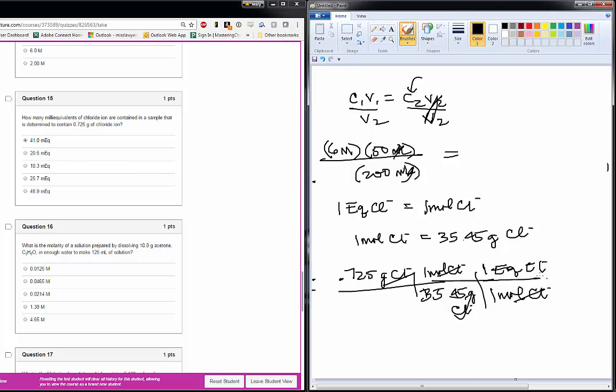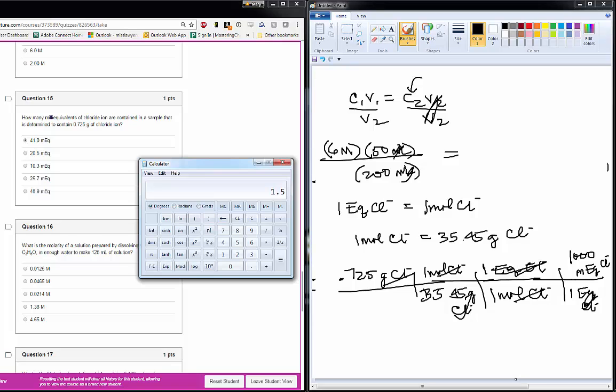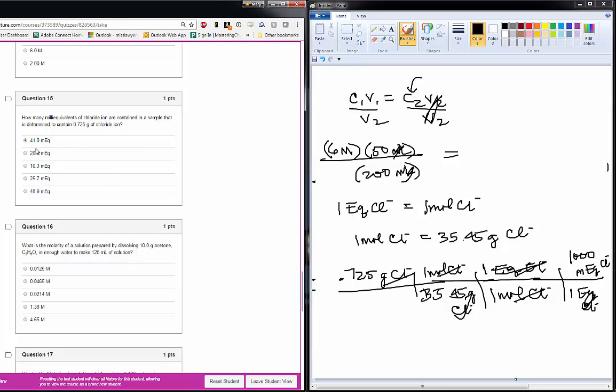So we have to take that extra step and say that 1 equivalent of chloride ions has 1,000 milliequivalents of chloride ions. So our equivalents cancel. 0.725 divided by 35.45 multiplied by 1,000 gives me 20.5 milliequivalents.